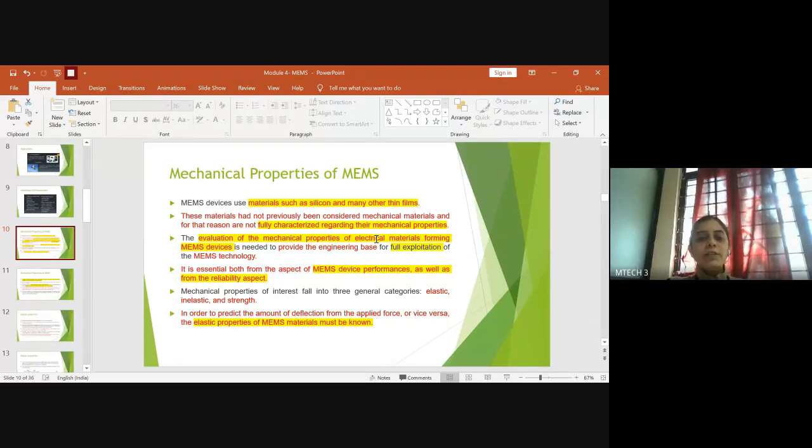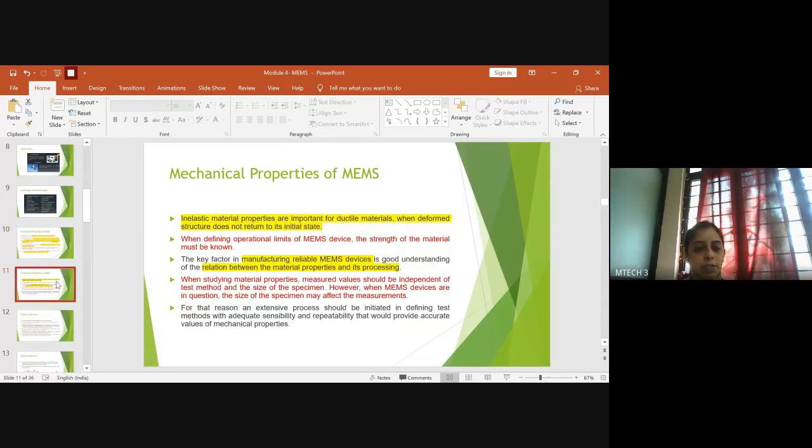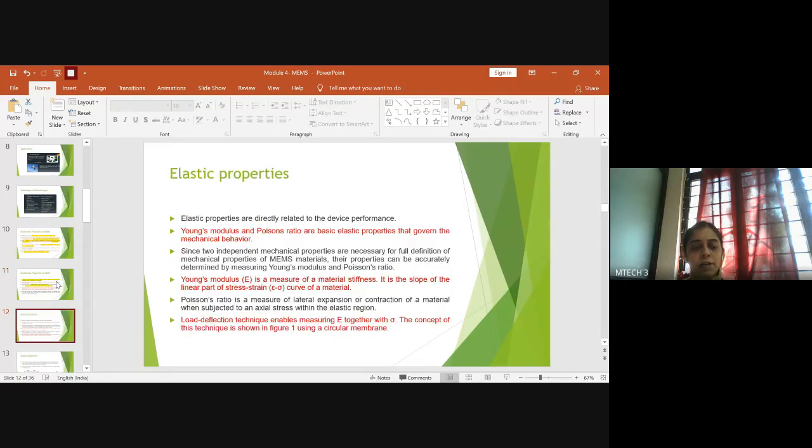So now we need to move further to the basic mechanical properties. We need to study in depth how to evaluate its properties when a MEMS device needs to be made. So we have to start right from the elastic properties, right? Why do we need to focus on elastic properties? Because elastic properties are directly related to the performance of the device.